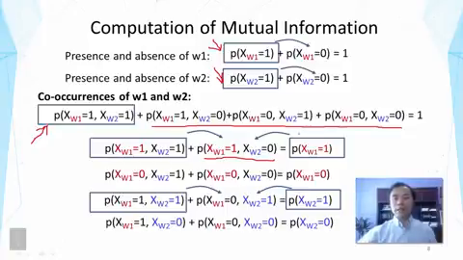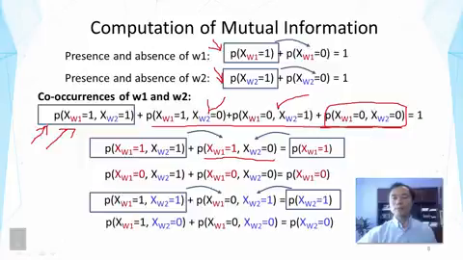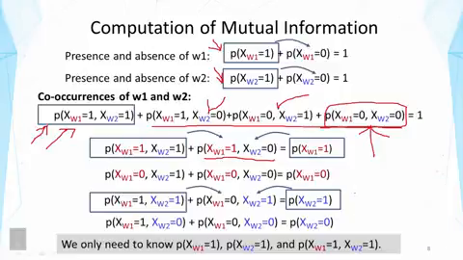And then finally, this probability can be calculated by using this equation, because now this is known, and this is also known, and this is already known. So this can be easily calculated. So this slide shows that we only need to know how to compute these 3 probabilities that are shown in the boxes, namely the presence of each word and the co-occurrence of both words in a segment.